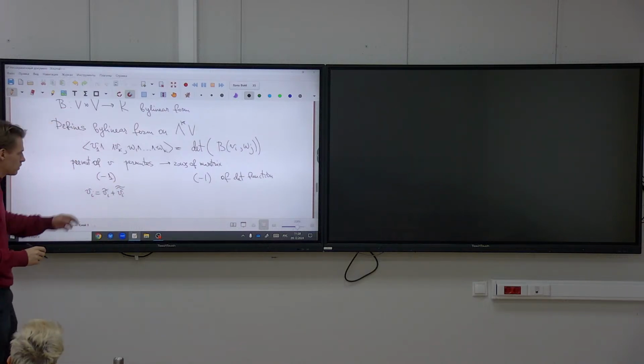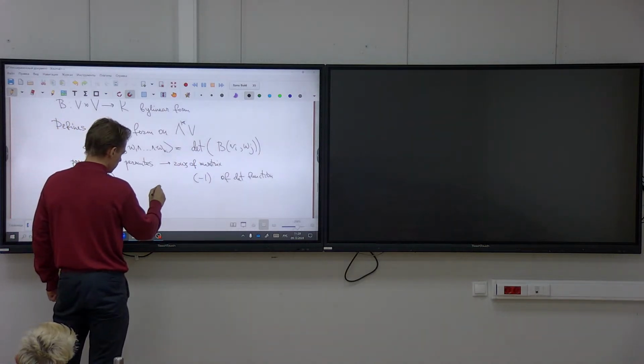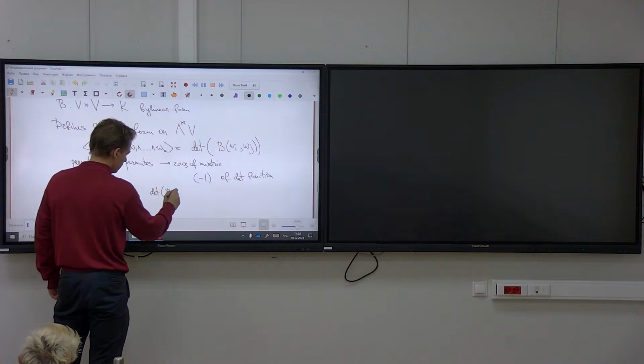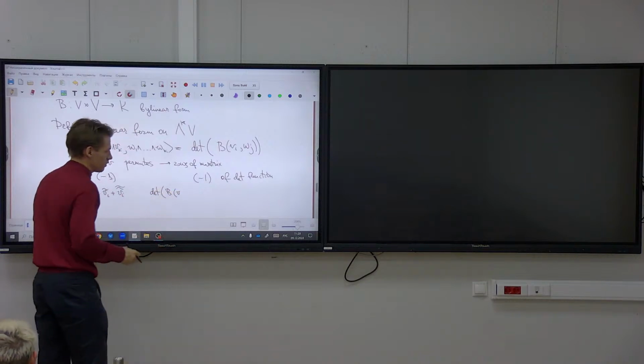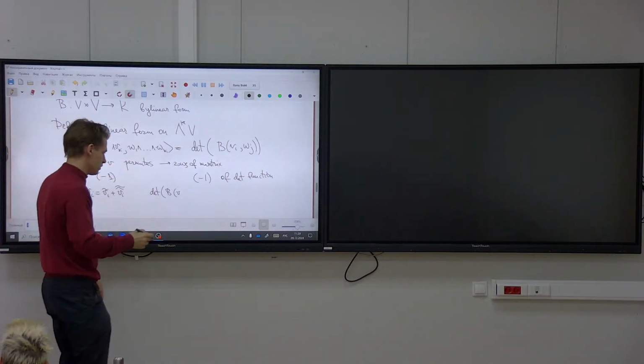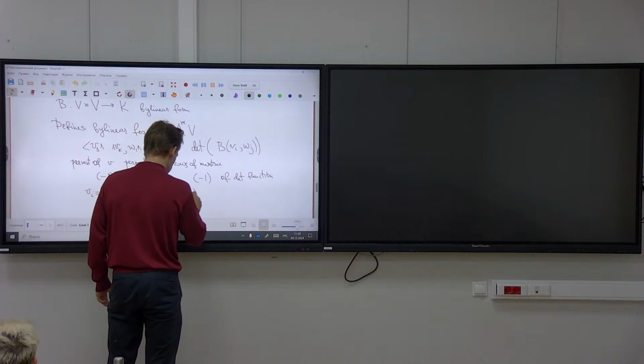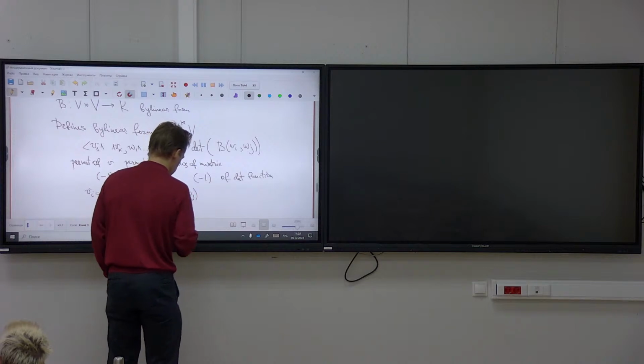This results in calculating the determinant of B, where instead of one row or one column, you write down the sum: B of vi tilde, wj plus B of vi double tilde, wj.